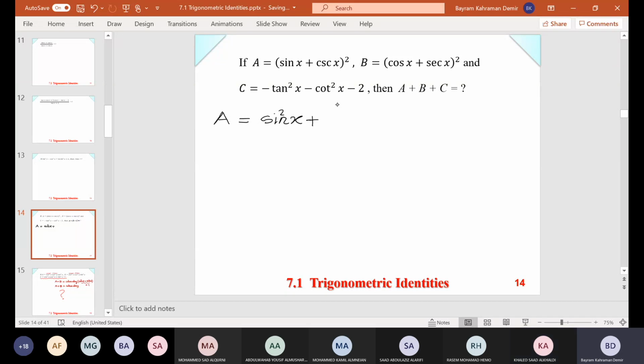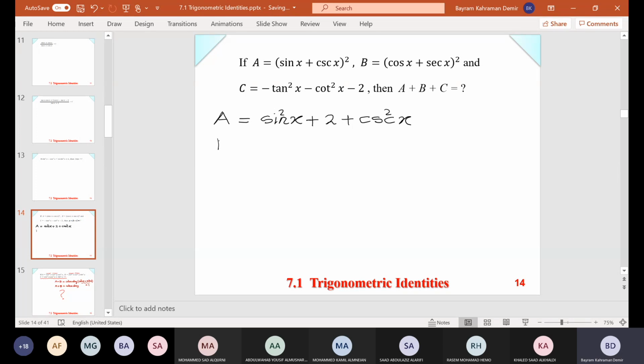Sine and cosecant will be 1 when you multiply, because sine times 1 over sine is 1. So it will be just 2, right? Plus cosecant square of x. That is A.